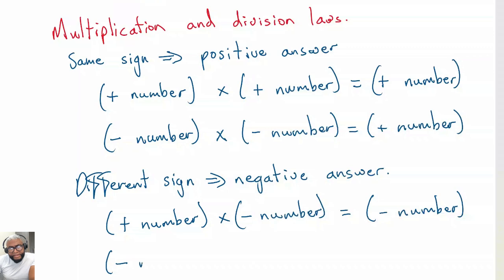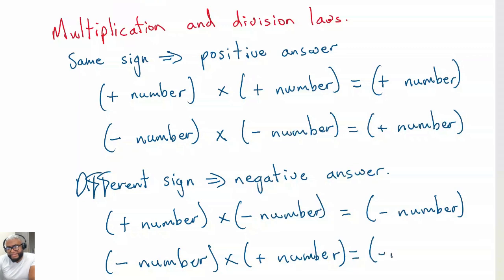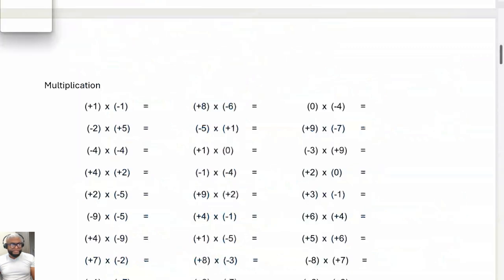Then a negative number multiplied by a positive number, which is the other way around, would give you a negative number, right? Copy these. So you all have the laws above, where I said same signs always would be positive. Different signs would always be negative.